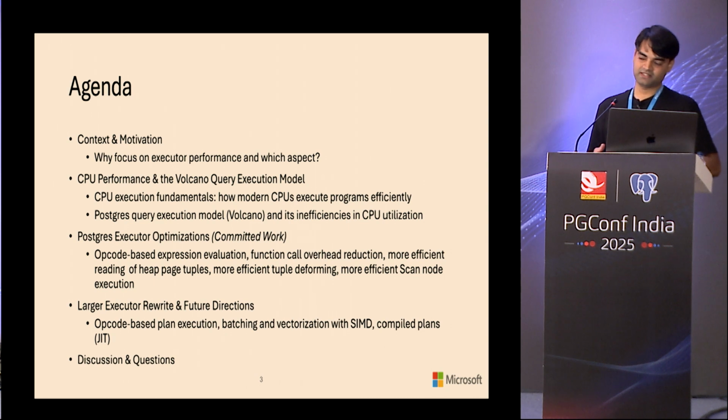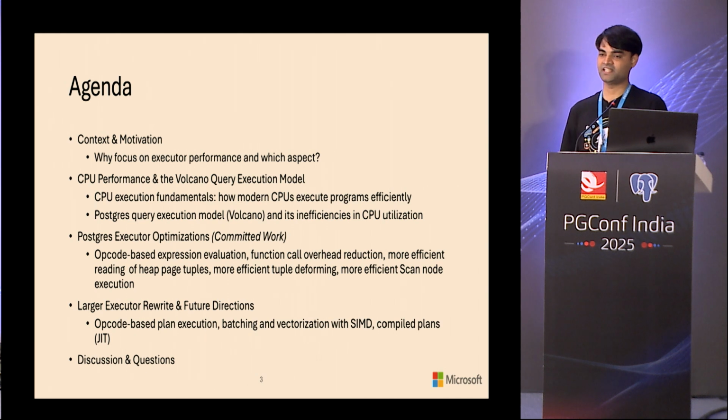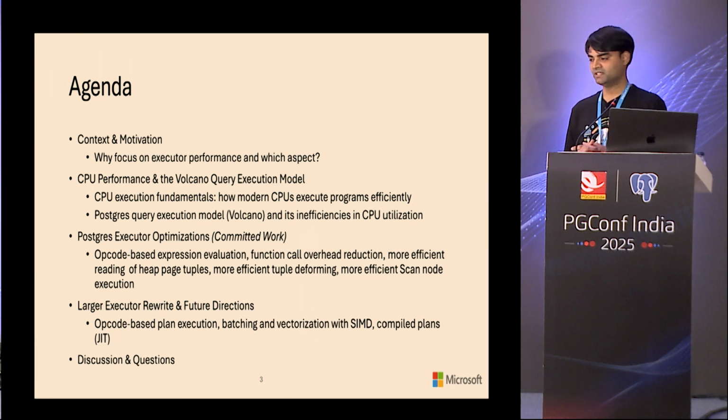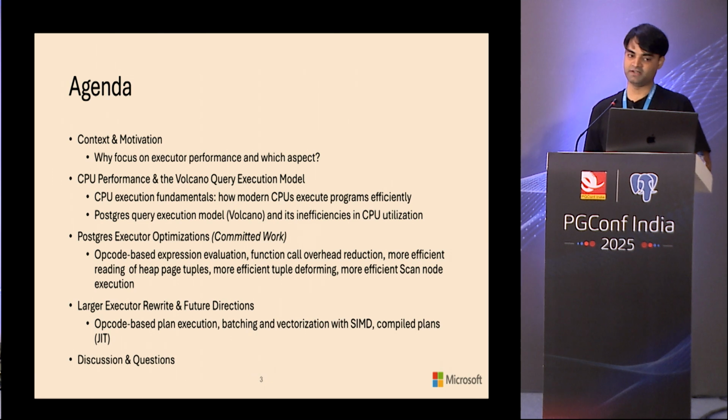Then, once we are familiarized with what the problems are, I will talk about a few things we have done over the years, some as old as those committed in version 10, and some that we committed into version 18, so not released yet. These are small, localized fixes that allow the Postgres Executor to use the CPU performance features better.